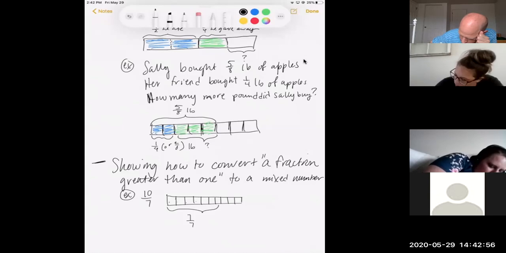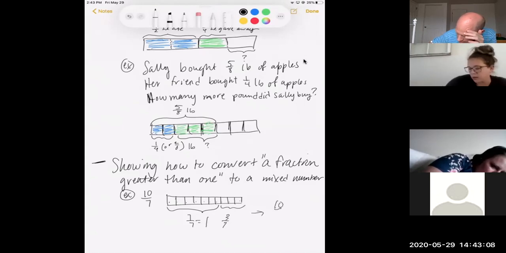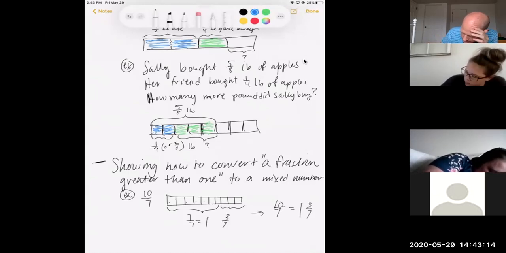I have 7/7 there, which is 1, and I have 3/7 left that are not part of my 1. So therefore, 10/7 is equal to 1 and 3/7. You can show that with your picture here. There's my 7/7 there, and my 3/7 here.